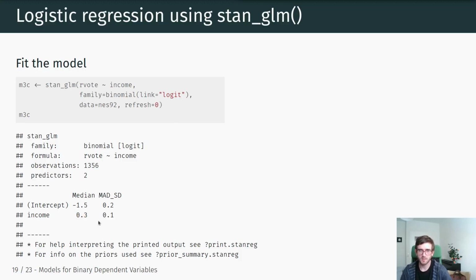Okay. So how can we interpret this coefficient? First of all, the first step, of course, is to think about the direction of this relationship.